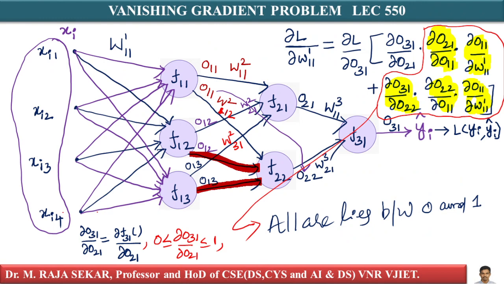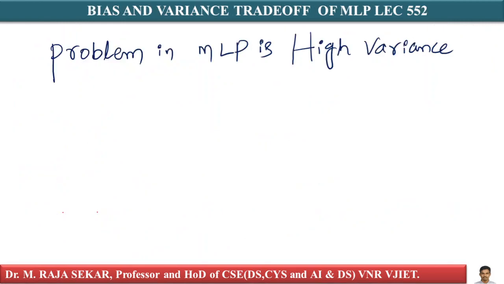For example, if this weight is 0, this edge will be disconnected. It is equal to saying that the edge does not exist. In a way, if we use L1 regularization, you will create sparsity, that is w^k_ij equal to 0.